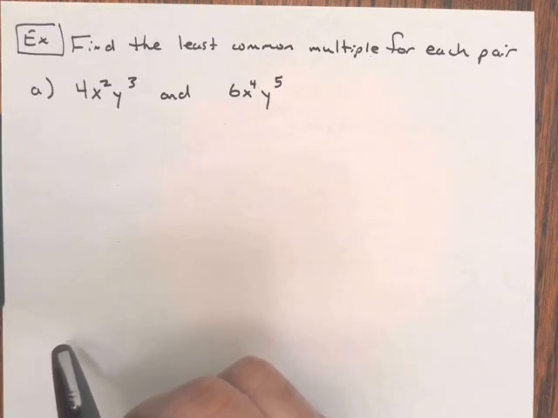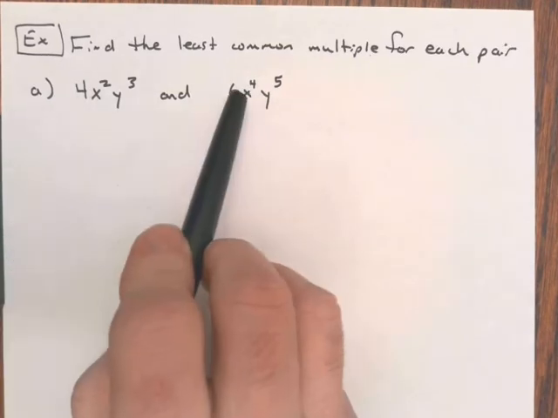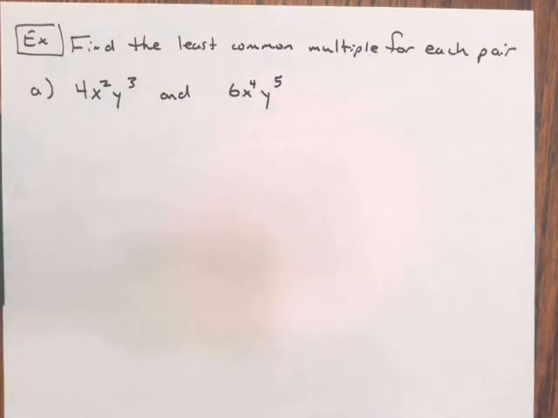You certainly can do this in your head and not show any work. If you needed to go through and show a little bit of work on this, what you could do is write down the multiples of 4 and the multiples of 6. That would give you the least common multiple as far as the numeric value goes.